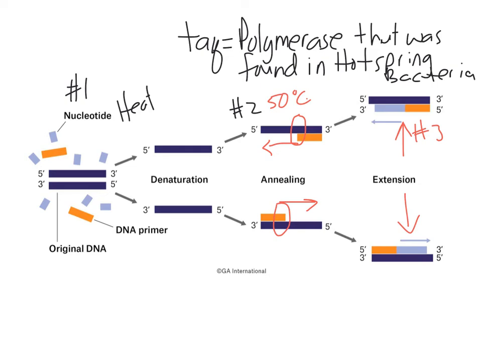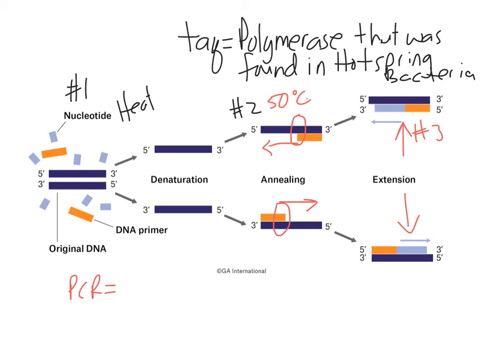So what a PCR machine does is, a PCR machine is programmed. It's like a little computer that has all the nucleotides, all the primers, all the Taq polymerase, all the DNA. You just add your DNA sample that you wanna use, and it goes through this heat, denature, annealing or sticking the primer, having the Taq polymerase jump on, extending it.